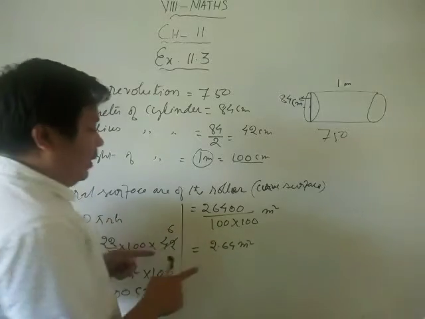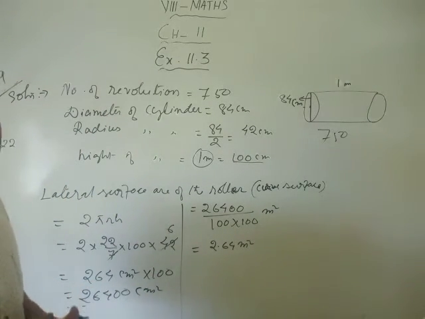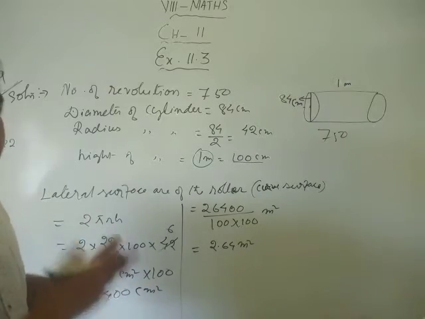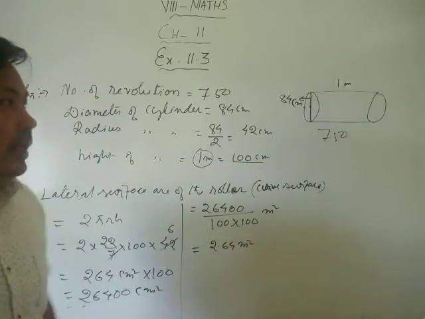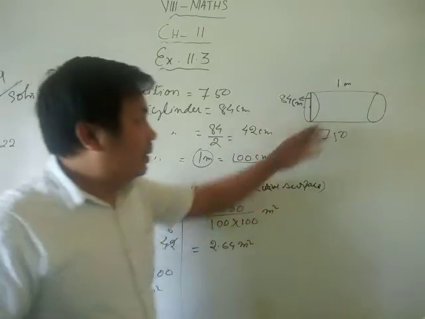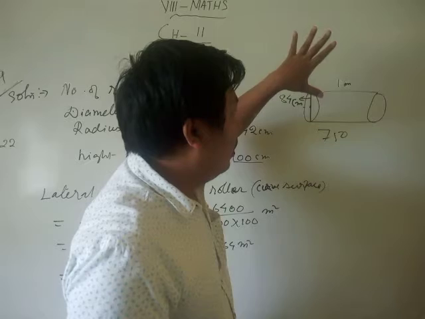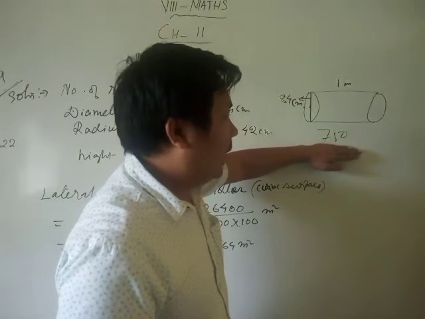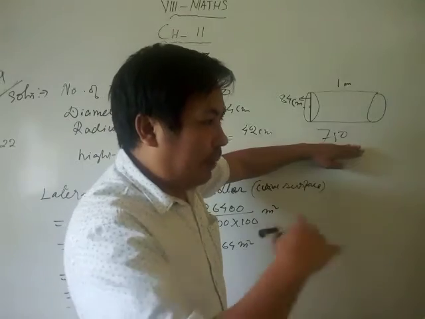So this is how much the lateral surface area is. This is the area of the lateral surface of the cylinder. Now this is the area of the curved surface of the cylindrical roller. Now how many revolutions does it complete? 750 to level, isn't it?